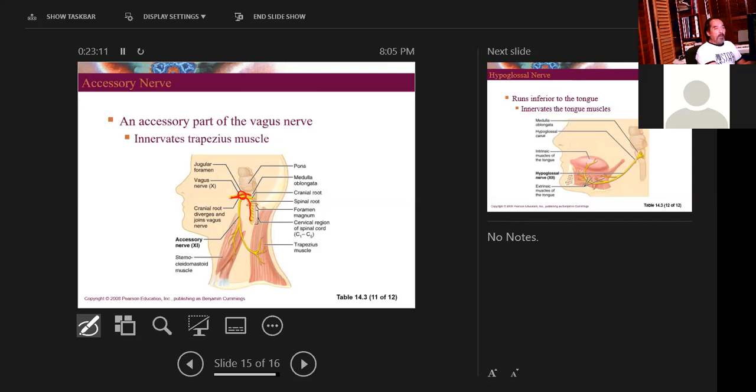So spinal nerve also gives contribution to that nerve. Okay, and what is the function of this? Innervates the trapezius muscle and the sternocleidomastoid muscle. Okay, that's the nerve innervation of the two. So again, what was the hole? It is called the jugular foramen. So the jugular foramen is actually number 9, 10, and 11.